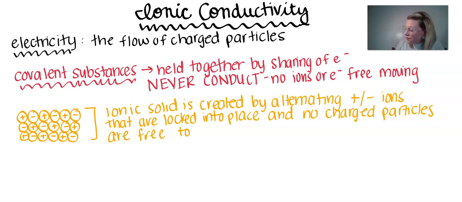If you think of the definition of electricity, the flow of charge, then looking at this structure, you can see that no charge is able to flow. These positive and negative ions are locked into place. And if they were to even start to shift from that place, we would end up seeing some form of repelling in this structure. So again, ionic solids do not conduct electricity at all. If you were to take a light bulb and put it into a bunch of salt in the kitchen, we would not get any sort of conductivity.